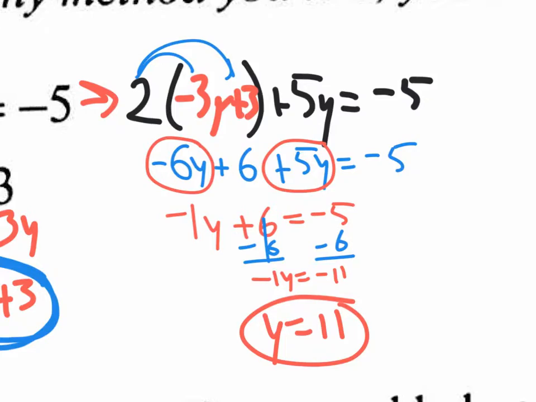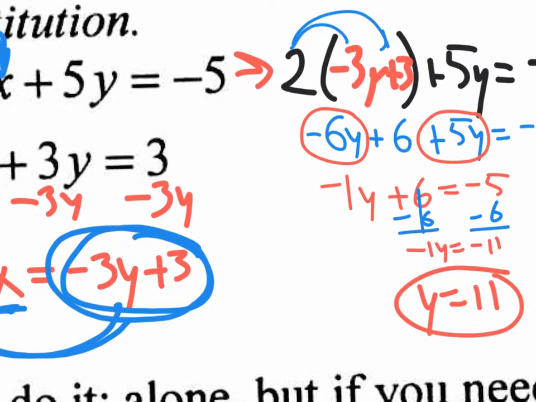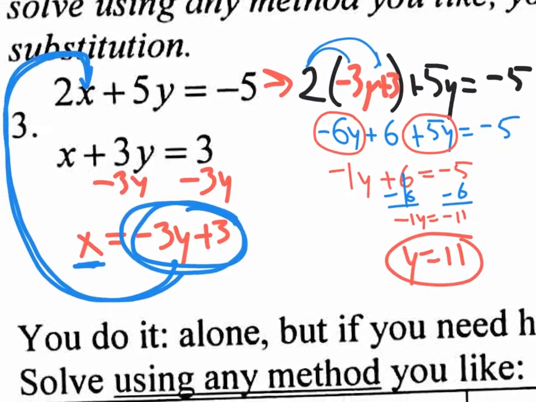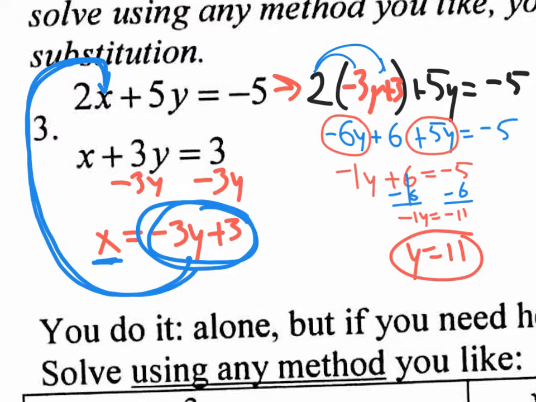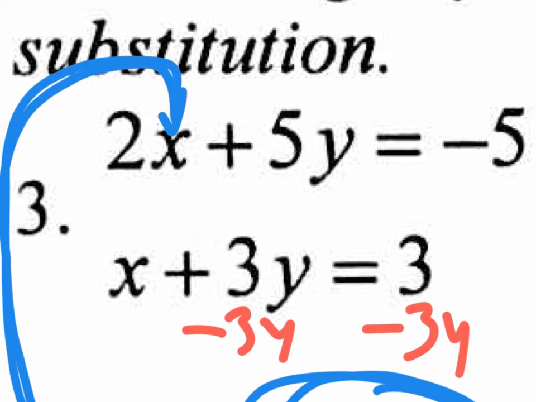So now that I have one answer, what do I do? Substitute it back in to any equation I want. So pick one, the top one or the bottom one. Doesn't matter, we already used both. Let's go with the bottom, okay? So if I take this 11 for y and plug it in right here, instead of y, put an 11, we could solve for x. So let me actually zoom in right here and plug in an 11 for the y.